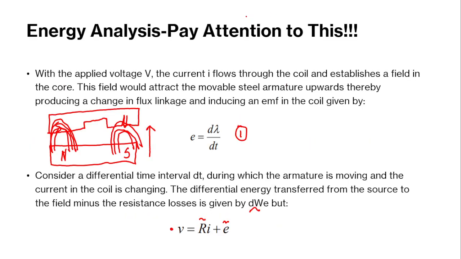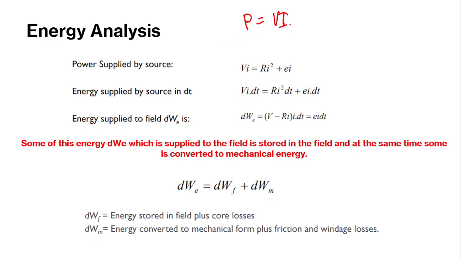And from before, we had V equal to Ri plus E. So if you multiply that by I, you get I squared R plus E times I. The first piece here is Ri squared, this is E times I, and this side is V times I. So if you multiply everything here by I, you get I squared R plus EI.